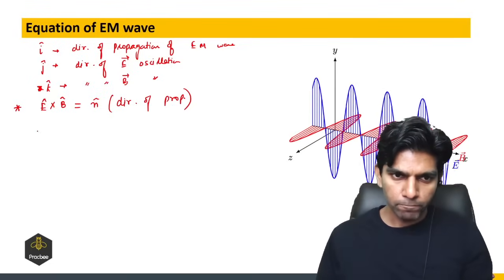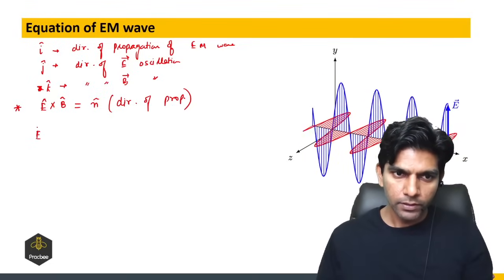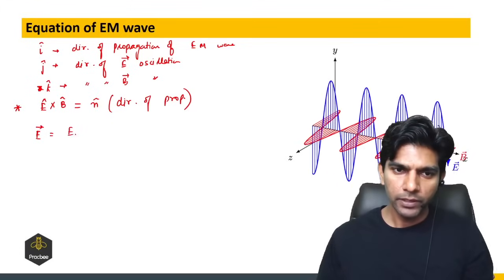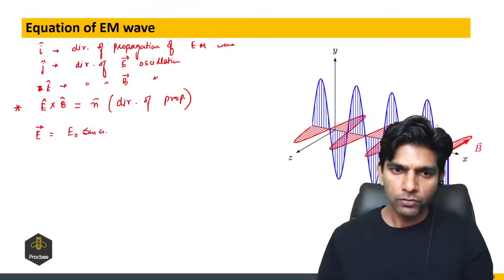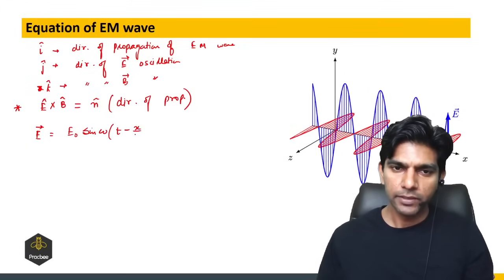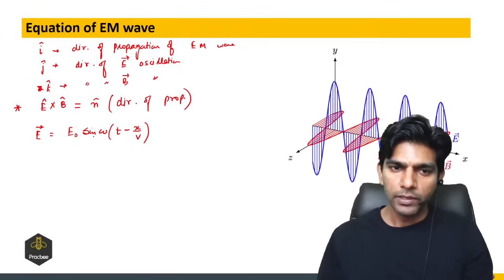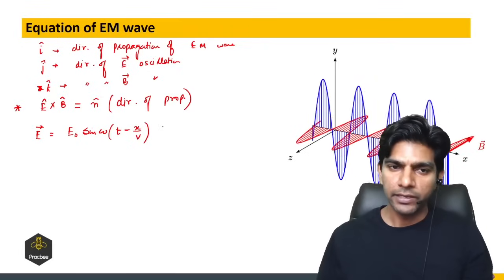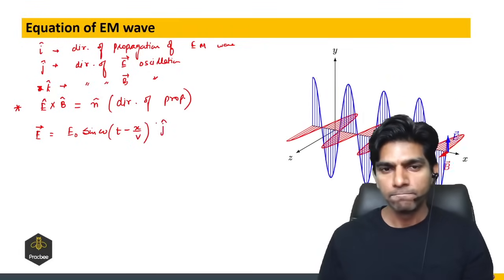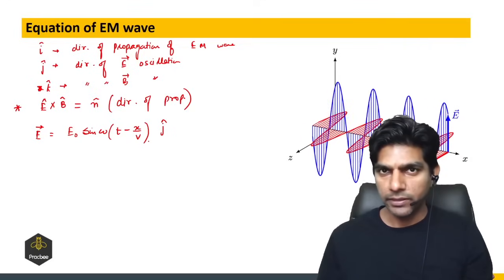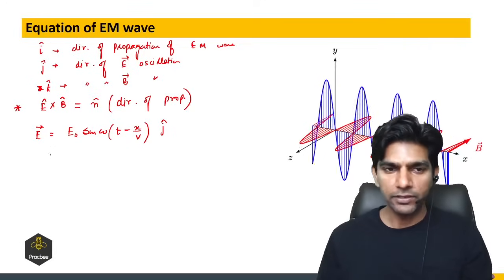So we can say the E vector will be E naught sin(ωt − x/v), and the direction of the electric field is in the j cap direction, right? So this is the equation of electromagnetic radiation in terms of the electric field.